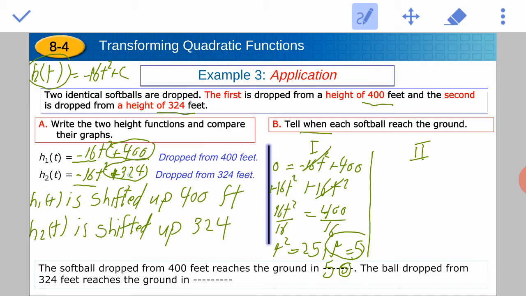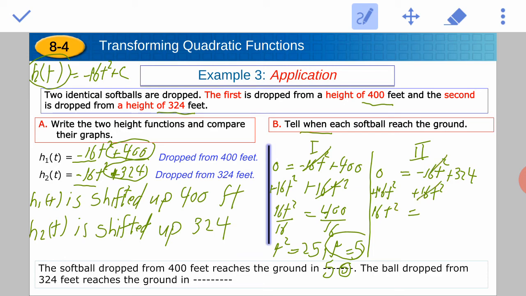But at the ground level, h of t is going to be 0. So 0 equals negative 16t squared plus 324. Guys, to isolate the variable t, we need to add the opposite, plus 16t squared, to both sides. Now guys, we can simplify this equation. 0 plus 16t squared is going to be 16t squared.